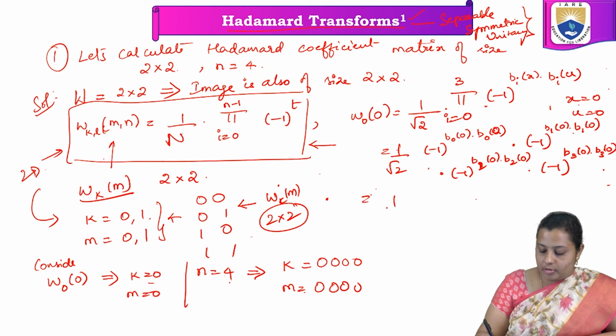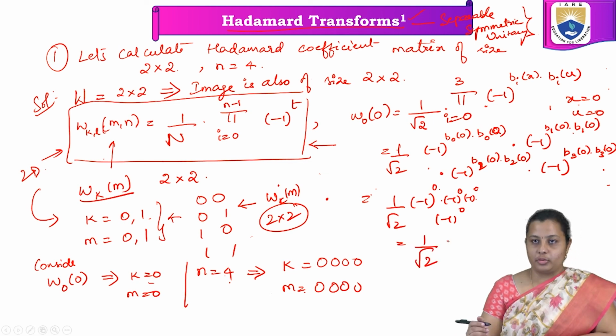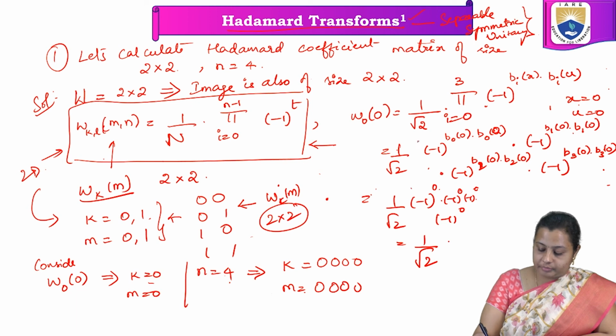This will turn up to be 1 by square root of 2, right?